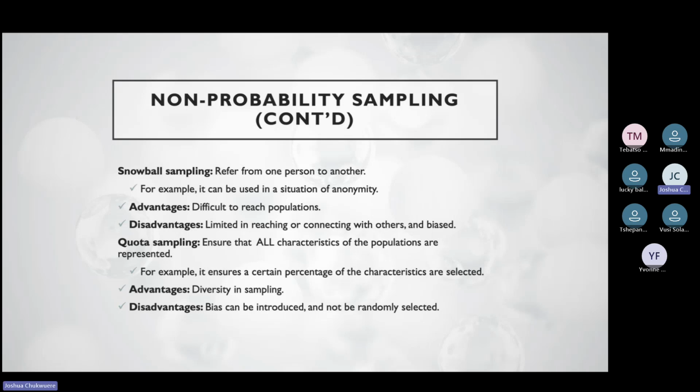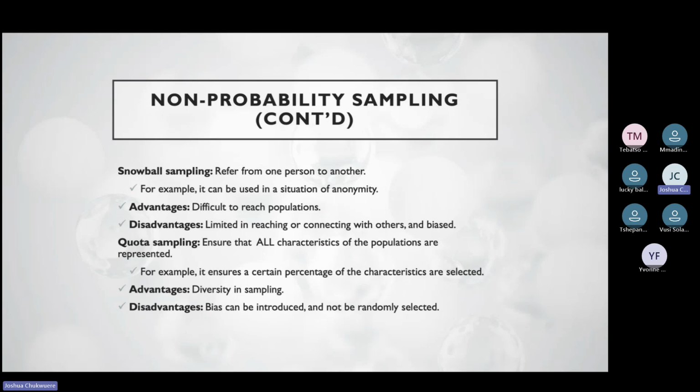Now we have quota sampling, which ensures that all characteristics and attributes of the populations are represented. Quota system, which in this case right now, ensures that a certain percentage of the characteristics are represented in the study.